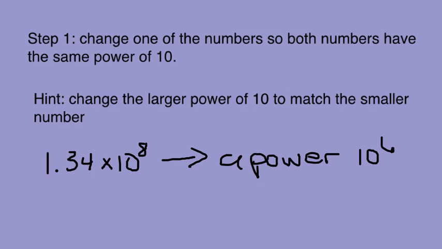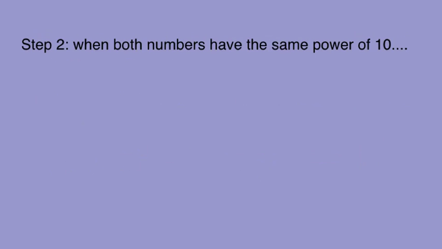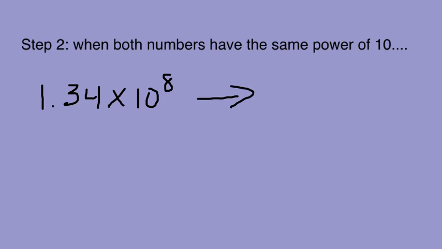Well, how are we going to do that? So now I need to change 1.34 times 10 to the 8th to a power that is 10 to the 6th, because I want them both to match in order to add them.